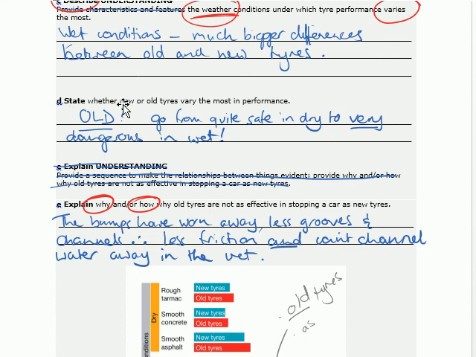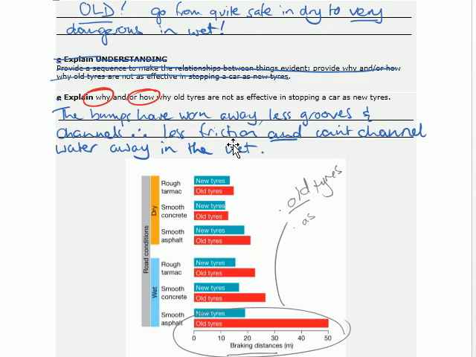Part D, state whether new or old tyres vary the most in performance. So we're not talking about which one's safer, old or new tyres. We're asking about which one has the biggest difference between the smallest graph and the biggest graph, or bar.